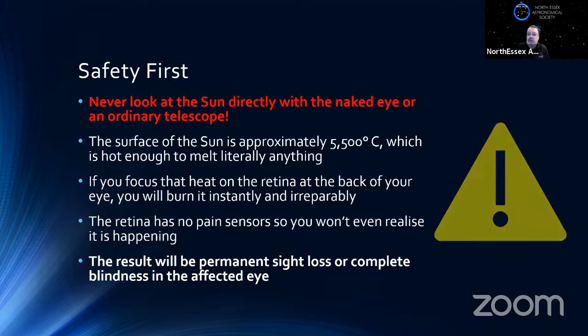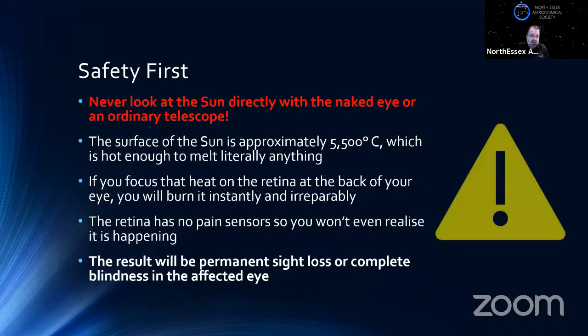Sunglasses are no protection. The point is that the heat that a telescope or a small pair of binoculars collects is all focused onto one small spot on the back of your eye where the image of the sun is appearing, and it will actually burn and kill the cells there within a fraction of a second almost in some cases.